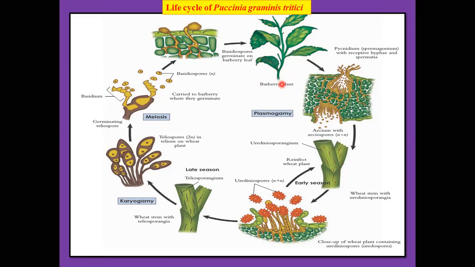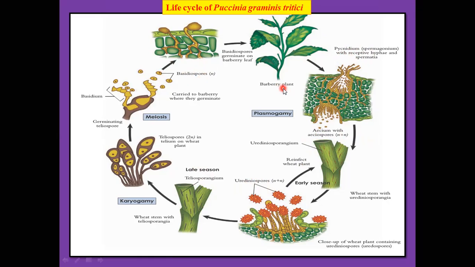Okay, means in Puccinia graminis tritici, this pathogen produces pycnospores, aeciospores, uredospores, teliospores, and basidiospores. Means 5 types of spores are present to complete the life cycle of Puccinia graminis tritici. Okay, so out of the 5 spores, the pycnospores and aeciospores are generally produced on the barberry plant.